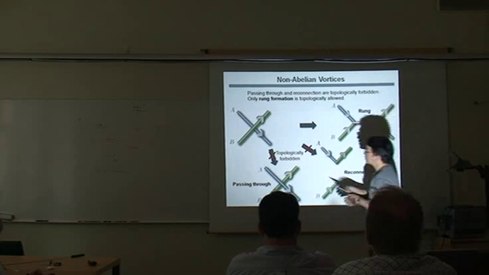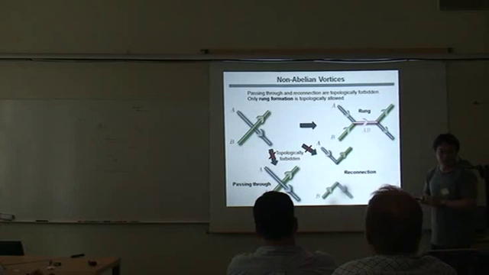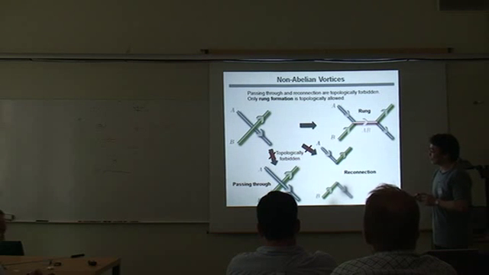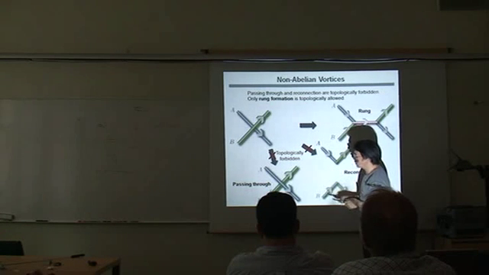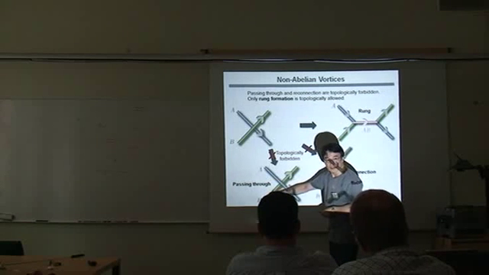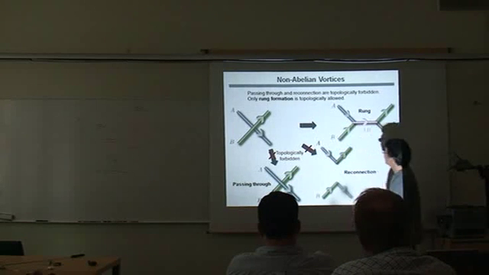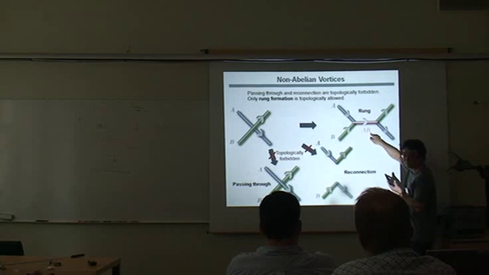Because suppose that A and B are generators of vortices. By definition, non-abelian vortices means that the commutation relation between A and B does not vanish. Therefore, this configuration and this configuration have a difference that depends on the commutation relation between A and B. When it does not vanish, they naturally form a rung, which is generated by the remnant commutation relation between A and B.